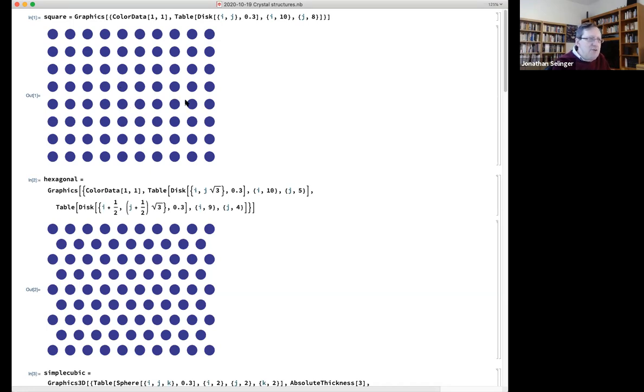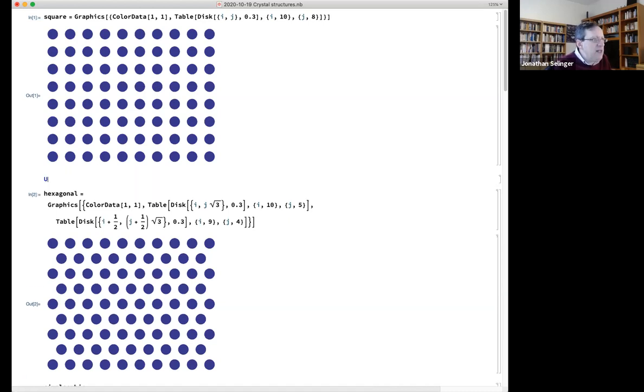And so everything is repeating periodically in position. You could regard this as a single square cell that gets repeated over and over again. That square cell in crystallography is called a unit cell.